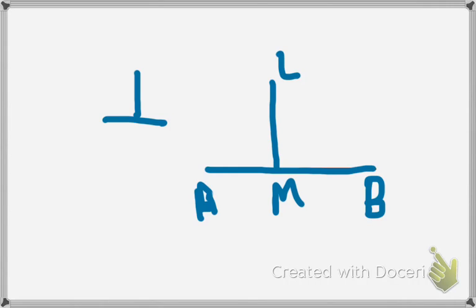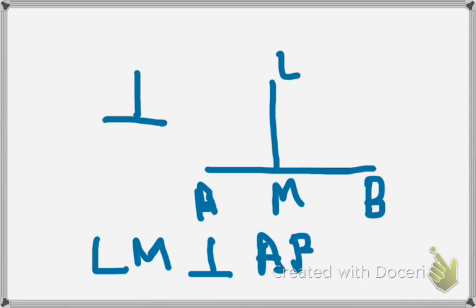So I can write like this: LM is perpendicular on AB. In the symbol form, I can write like this. I hope you have understood the definition of perpendicular lines. Thanks.